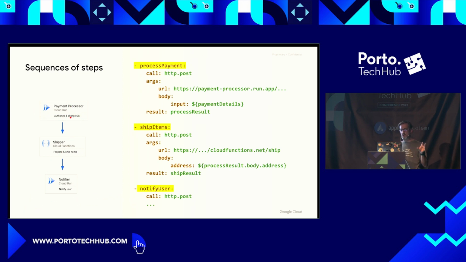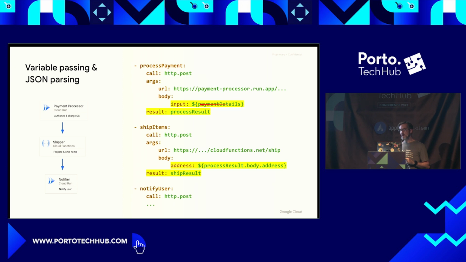So again, you've got a payment processor which calls a shipper service, which calls a notifier or interacts with a notifier. It's not direct calls, right? It's just that one happens after the other. So how do you do that? You define steps. The things that are highlighted in yellow there are the different steps of my workflow.